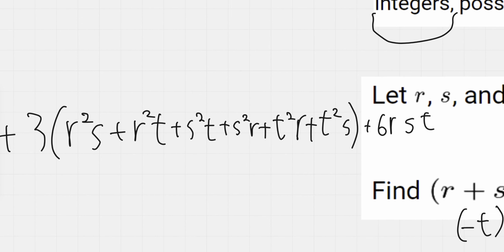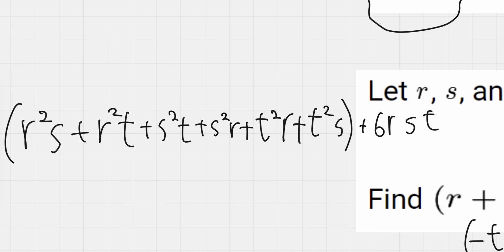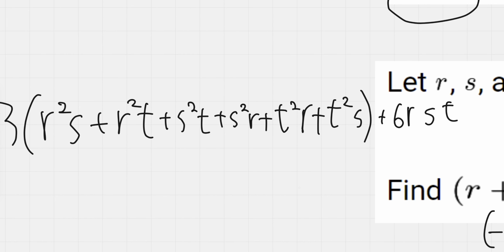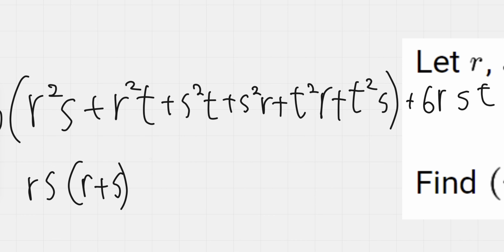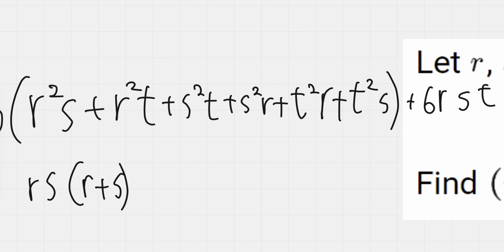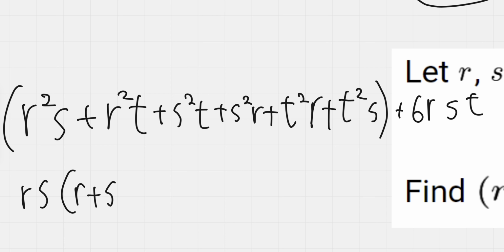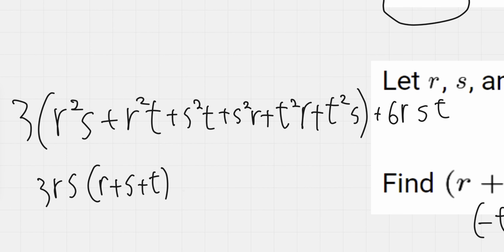Well, maybe from here, if we, for example, take out the rs, you can get an r plus an s, and you won't get a t, but you can get a t from there, actually. So you can have r plus s plus t, and you can have 3 of those, and you will also have rst's left over.